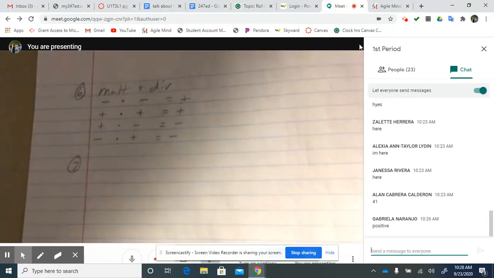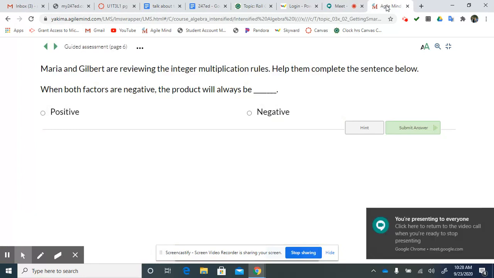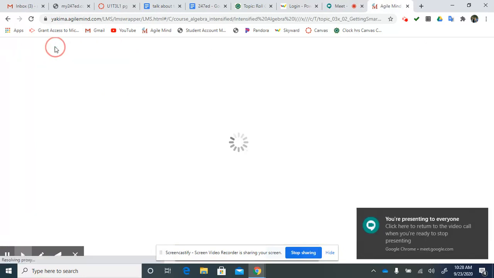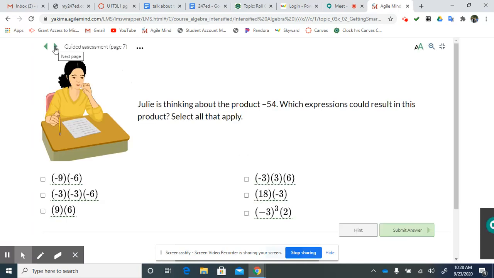Okay, number 7. All right, Julie is thinking about the product negative 54. Which expression could result in this product? Select all that apply.